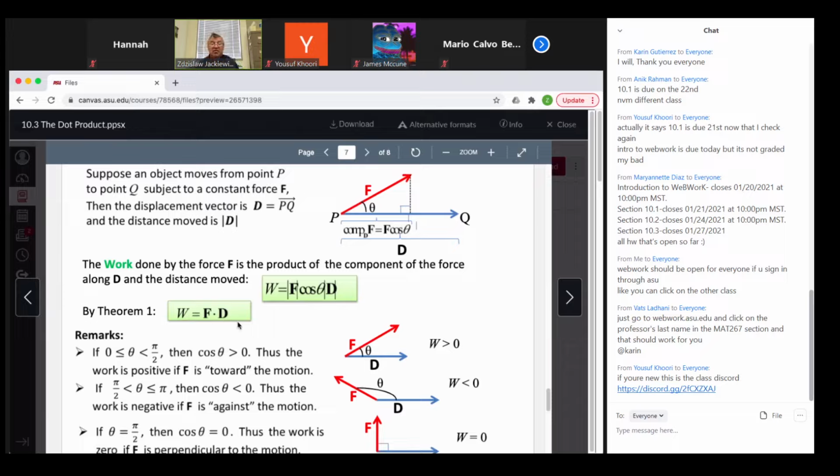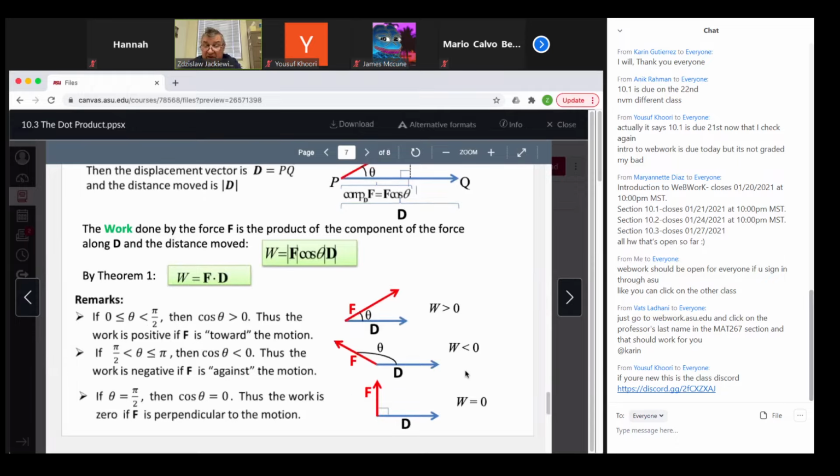And of course, you can get the conclusion. If the work is positive, this means that the force points in the same direction as the displacement. If the work is negative, the force component points in the opposite direction. Yeah, so you see here, you make a projection and the projection points in the same direction as displacement, then work is positive.